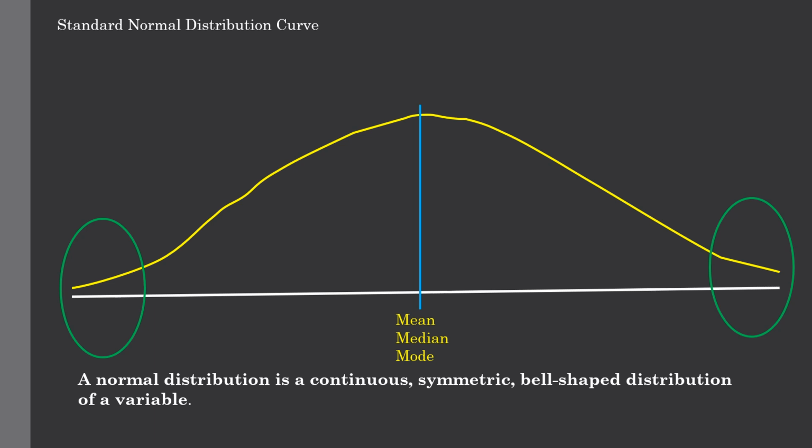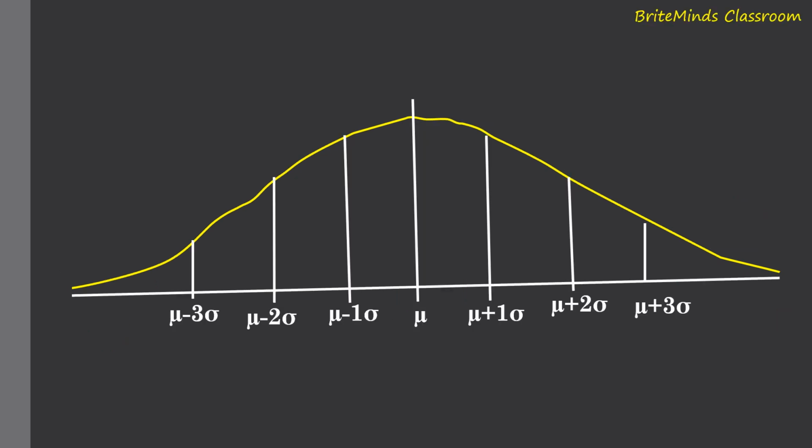The total area under the normal distribution curve is equal to 1 or 100%. The area under the part of a normal curve that lies within one standard deviation of the mean is approximately 0.68 or 68%.